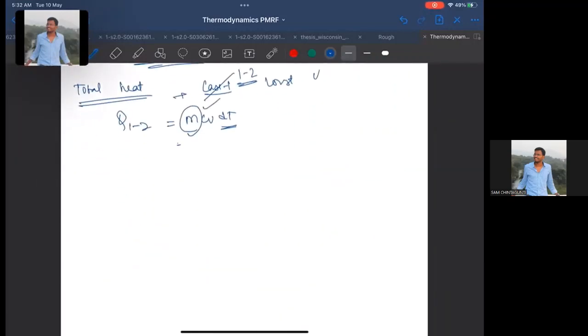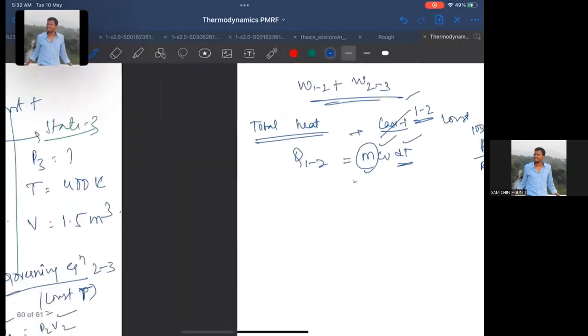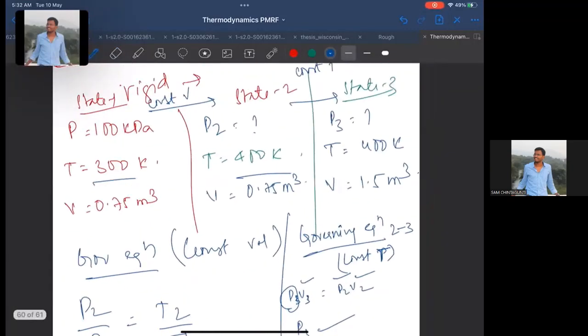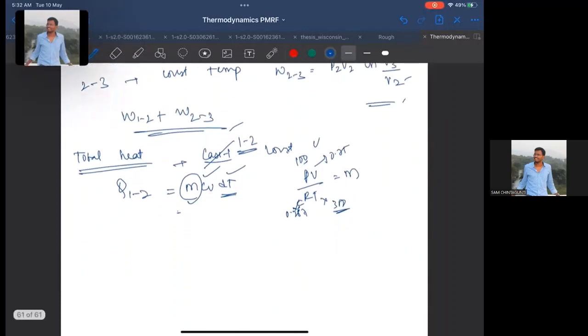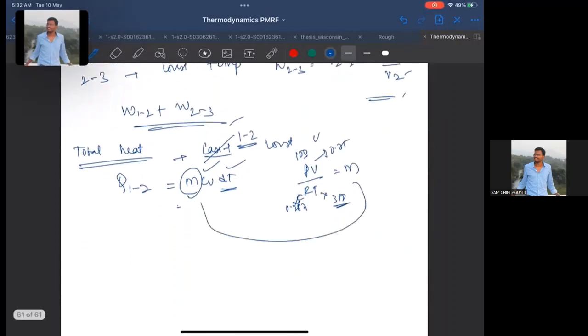So how can mass be calculated? PV by RT is equal to M. In state 1, you know pressure 100, volume is 0.75, R is 0.287, and temperature. So with this we can get M, and that M we can substitute.